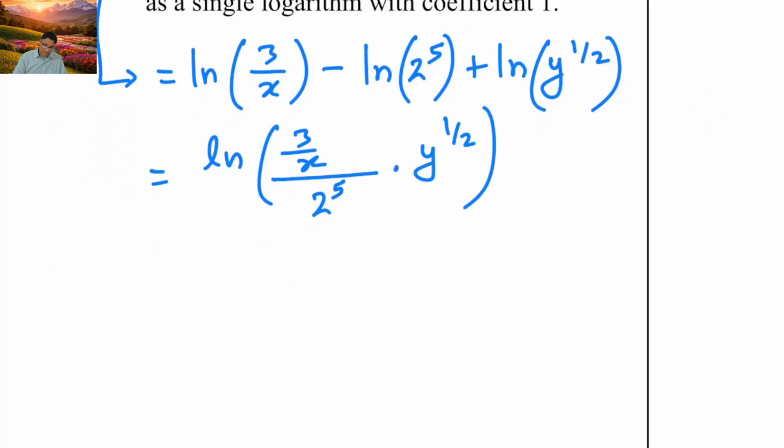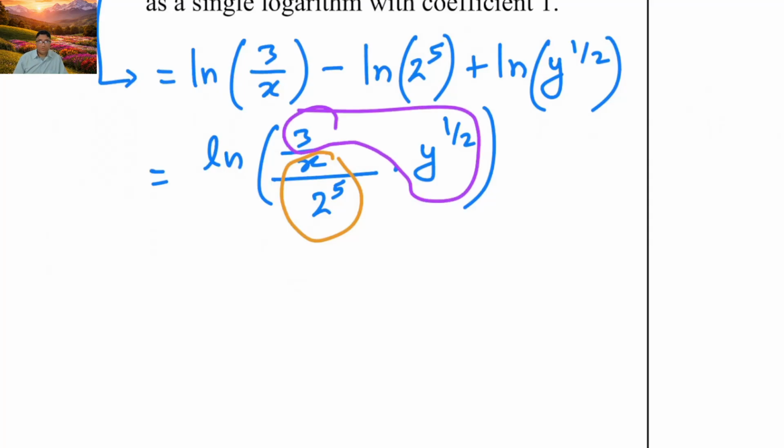Okay, all that is left now is to simplify this expression. x and 2 to the 5 both are denominators here, they go together. 3 and y to the half are both numerators, they go together.